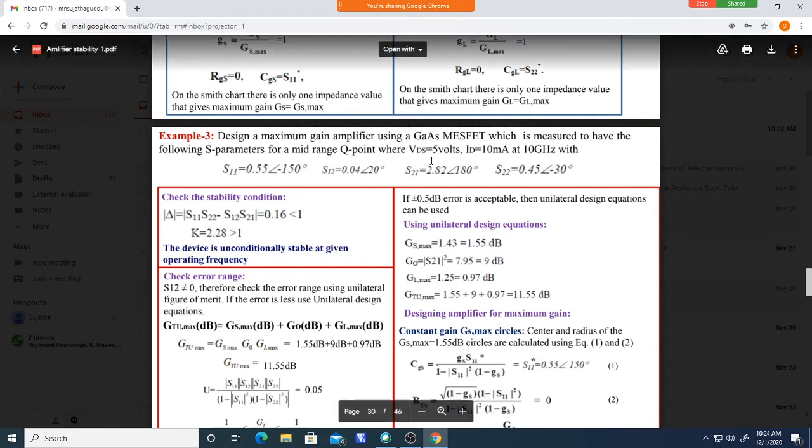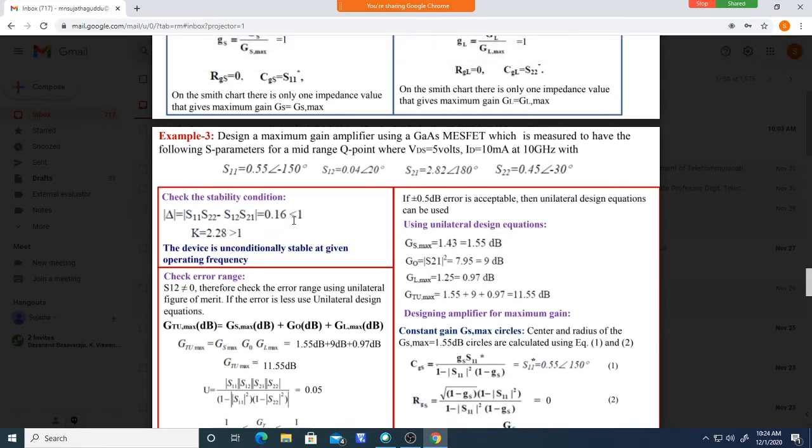For this particular problem, the delta value is 0.16, which is less than 1, and k is greater than 1, 2.28. Using the k equation and delta equation, calculate the delta and k values. Delta is around 0.16, less than 1, and k is 2.28.